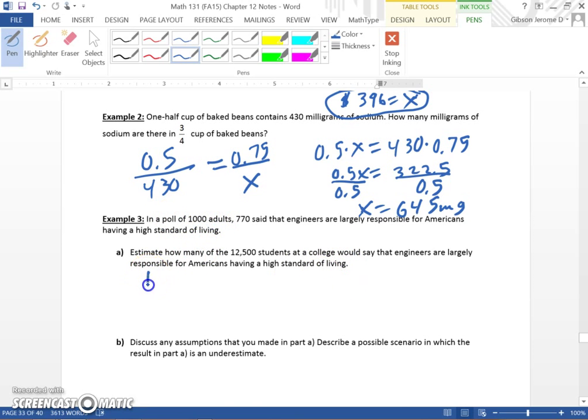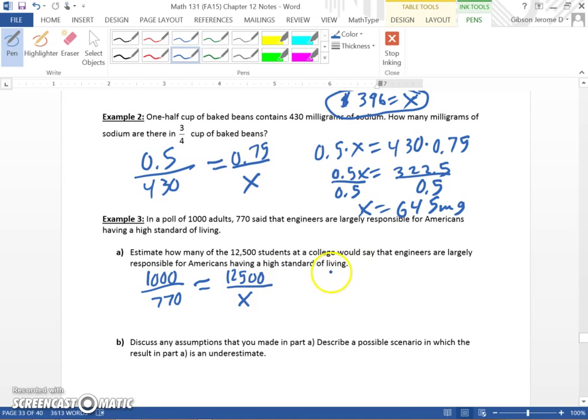So now we have 1,000 adults, and 770 of them state that the engineers are largely responsible. Now it's 12,500 students. That's the total population, just like 1,000 was the total population, and that's over how many agree that the engineers are responsible.